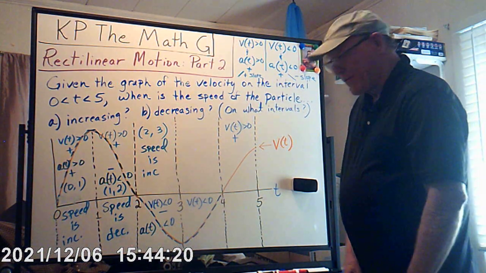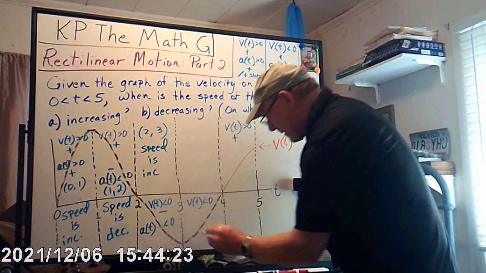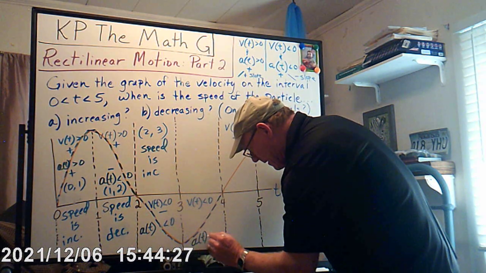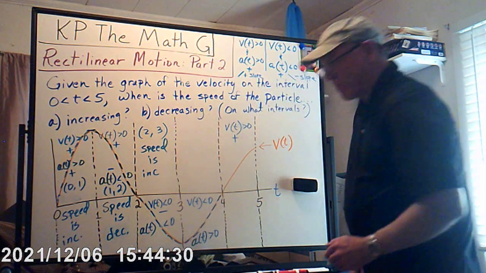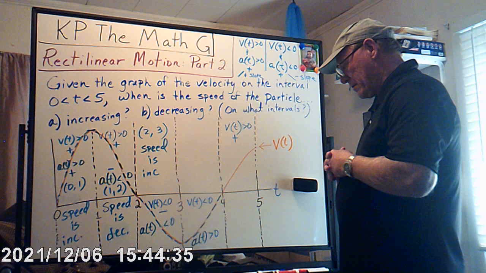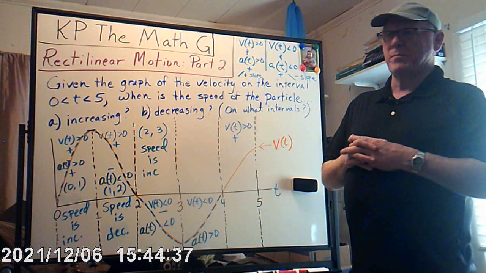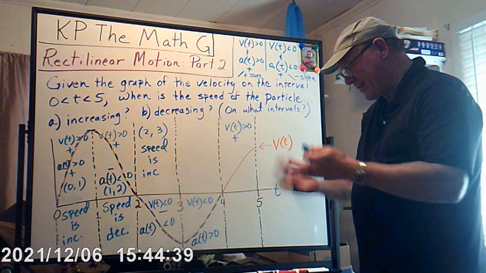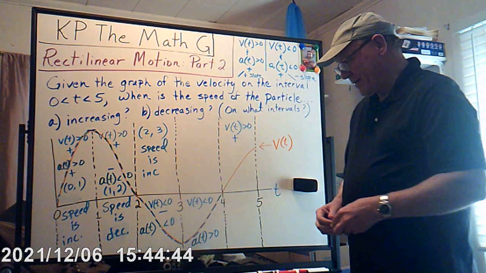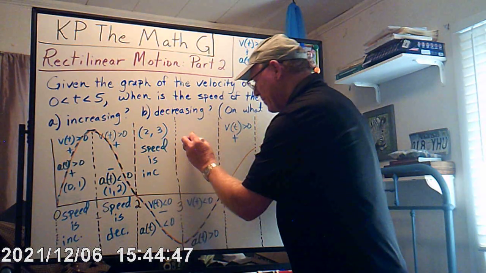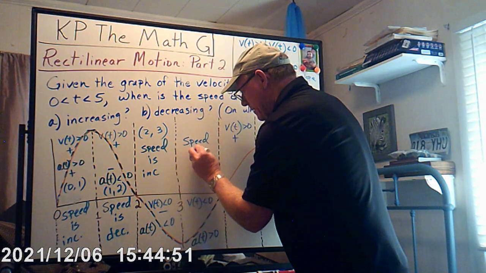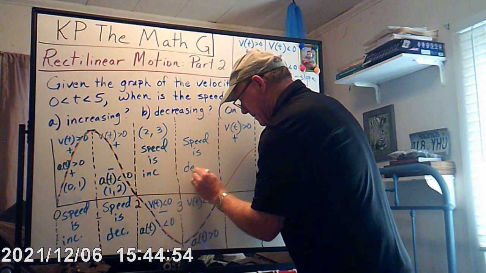Right here, between 3 and 4, A at t is greater than 0. It's almost like you're putting your foot to the accelerator, but nothing is happening here. So what's happening? Speed is decreasing.